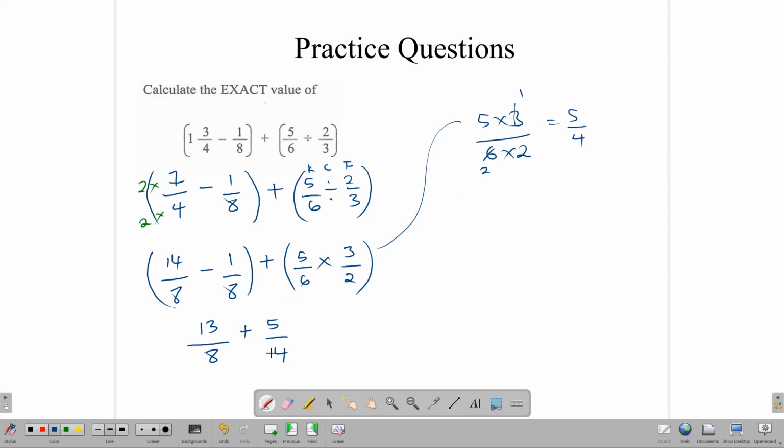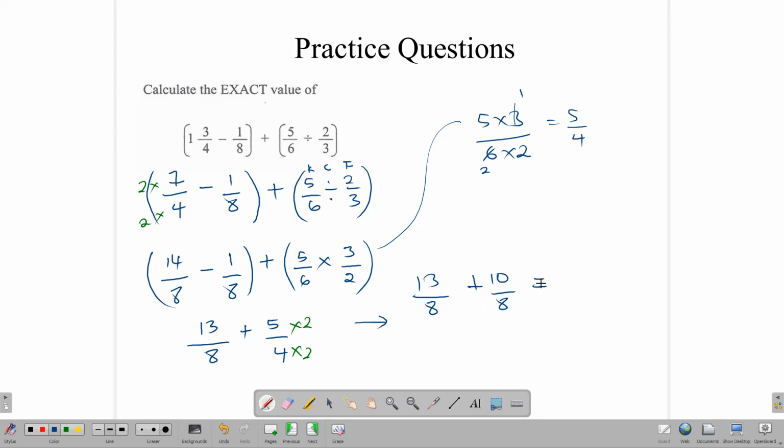Almost done. Now again, notice that these don't have the same denominator. One is 8, one is 4. We can make them have the same denominator by multiplying this 4 by 2. And of course, we have to multiply the whole fraction. So we rename that fraction, and we get now instead 13 over 8 plus 2 5s are 10 over 8.